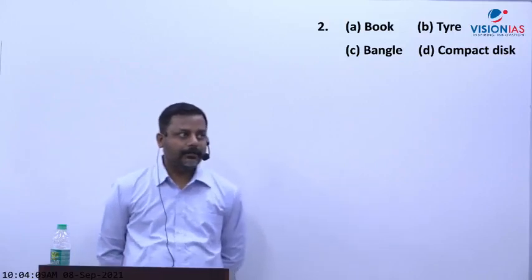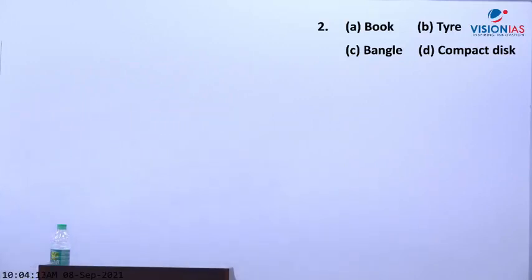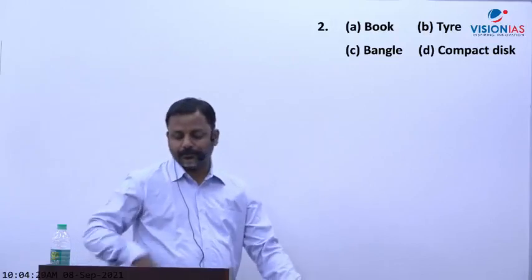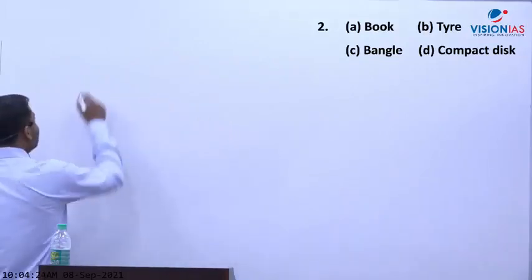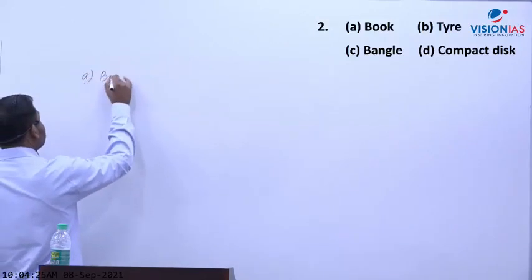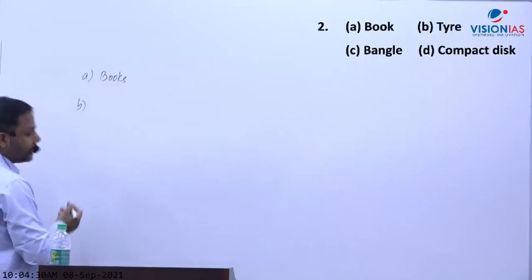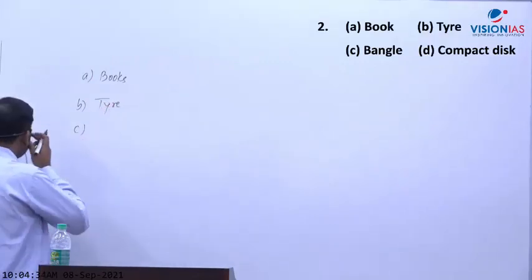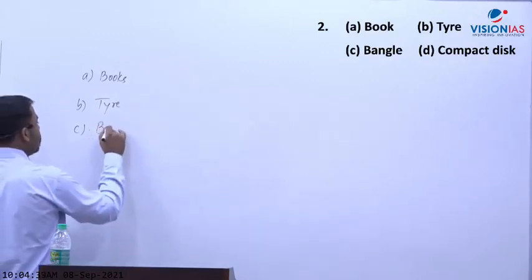Apart from D, what is the similarity in the option of A, B and C? See, if you see these 4 options, what sort of characteristics we can apply to identify which of the 3 options are forming a group?